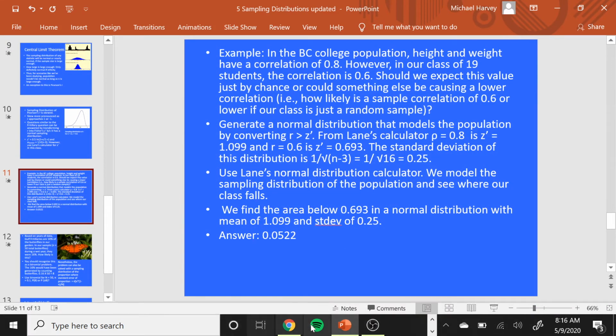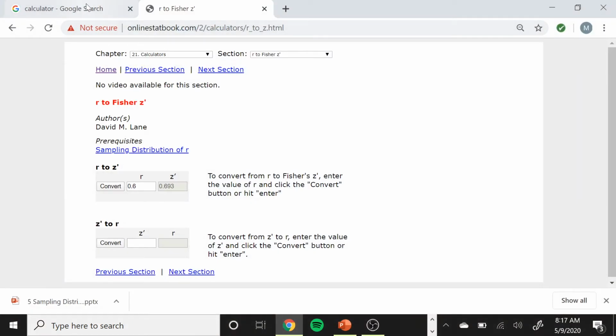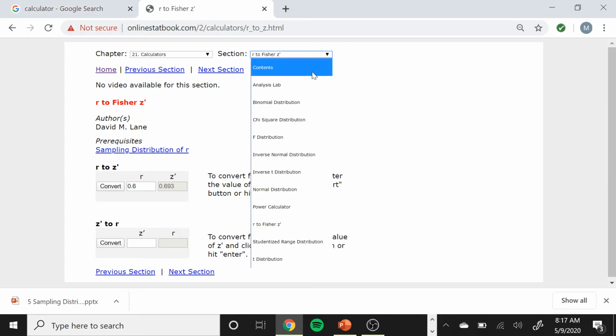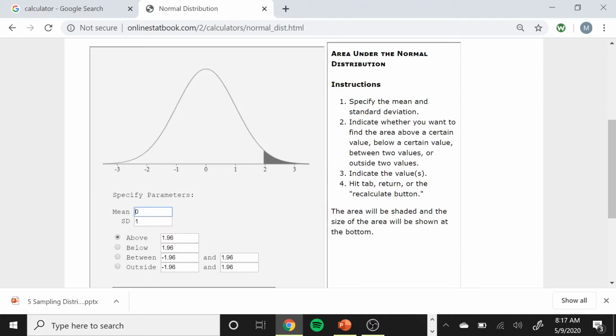So now we go to our calculators again and open up the normal distribution.